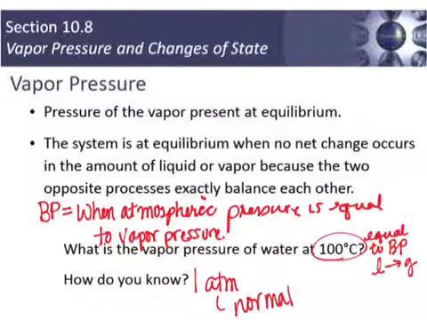We're assuming that this is at sea level or not up in the mountains or anything, okay? And then our vapor pressure would be 1 atmosphere, or whatever's normal wherever we're at. Questions?